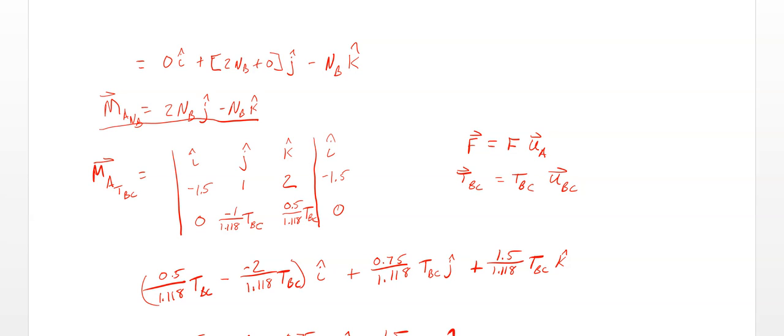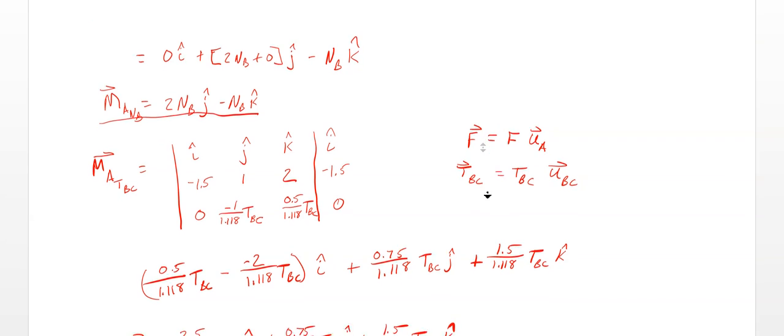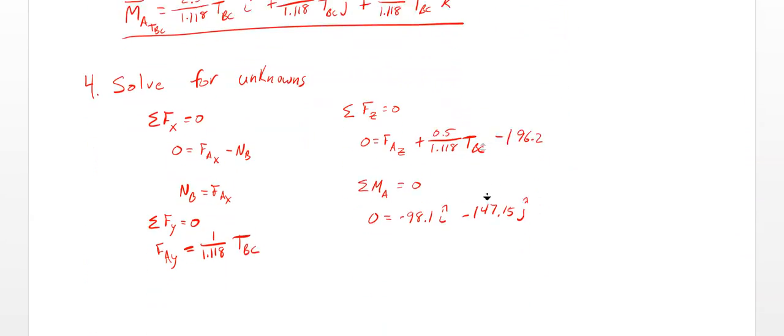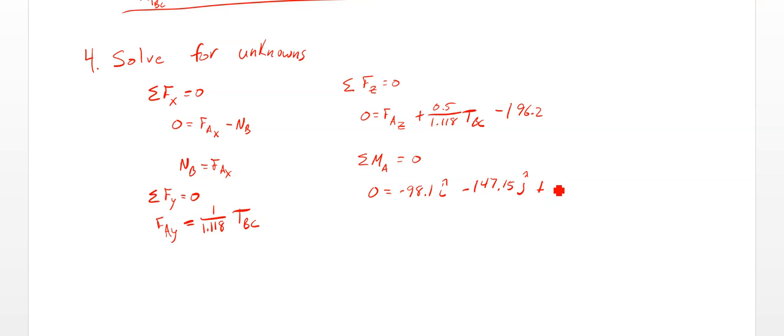From the normal force now at the wall, we have 2 NB J and minus NB K, plus 2 NB in the J direction, minus NB in the K direction.